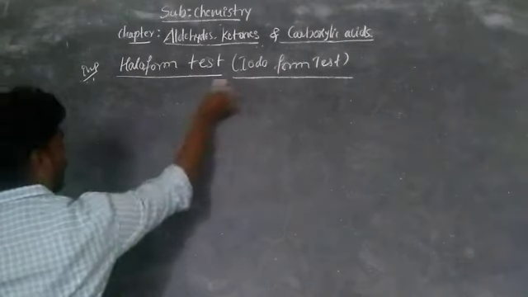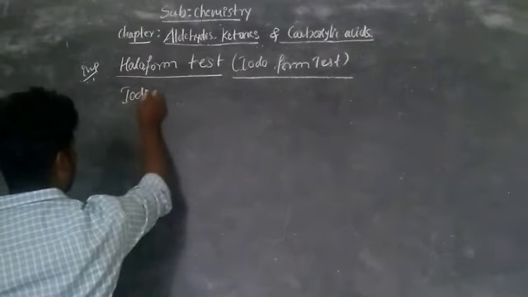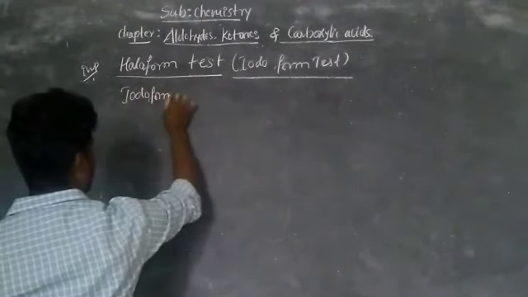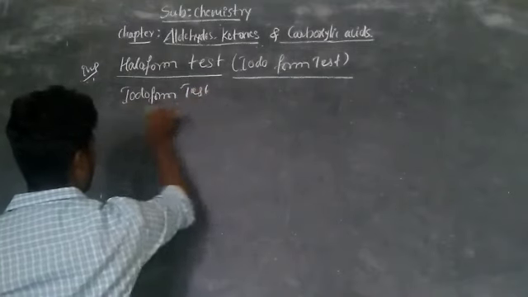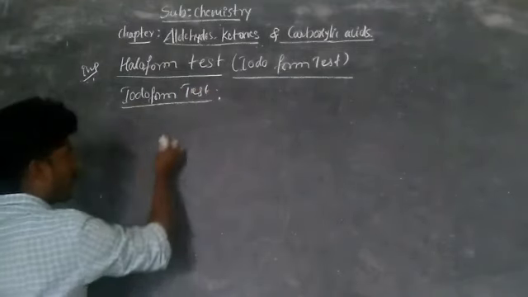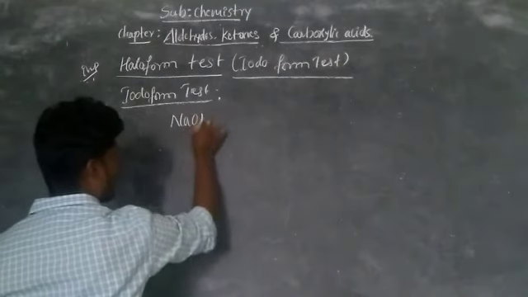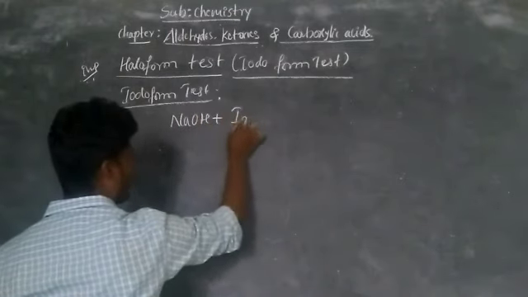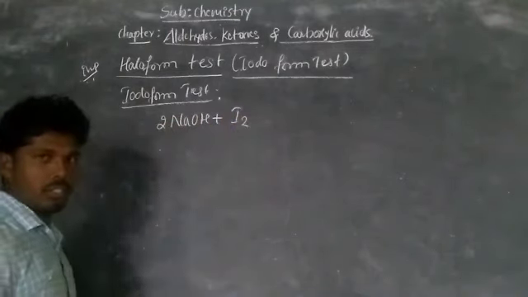In this iodoform test, we treat NaOH with iodine. Take 2 equivalents. What do you get?